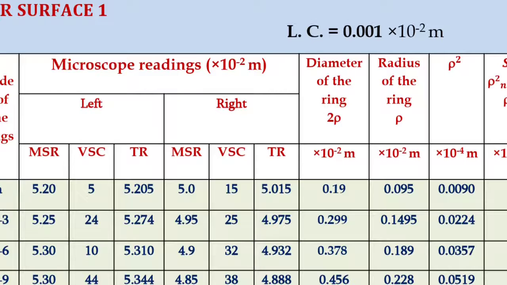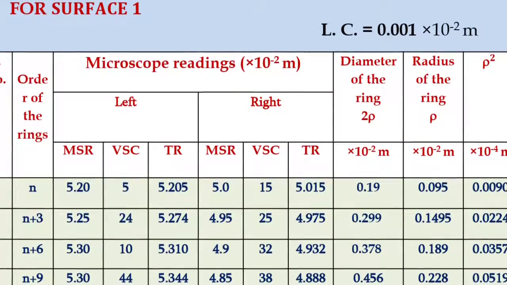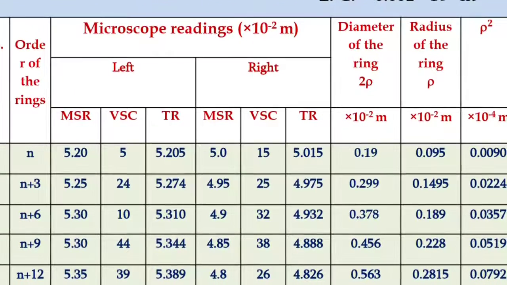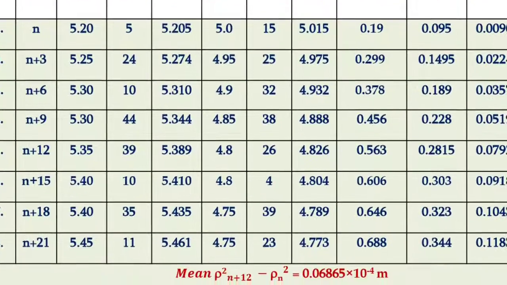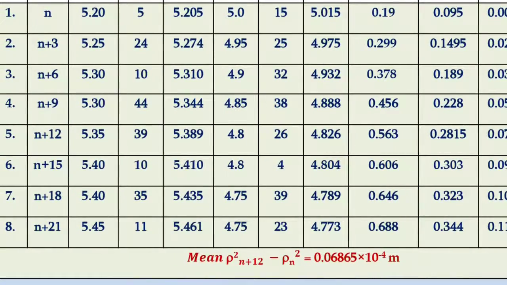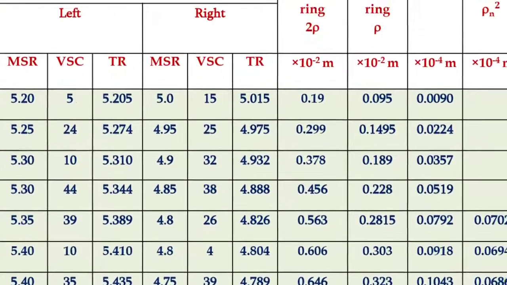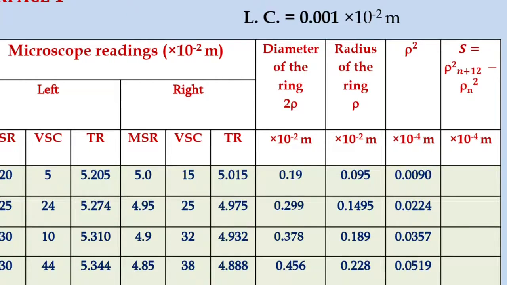So the answer is 0.19. For the n plus third reading, the diameter is 5.274 minus 4.975, which is 0.299. In the same way, we can calculate the 2 rho. For n plus 21, it is 5.461 minus 4.773. So you get 0.688. So we have found the diameter.